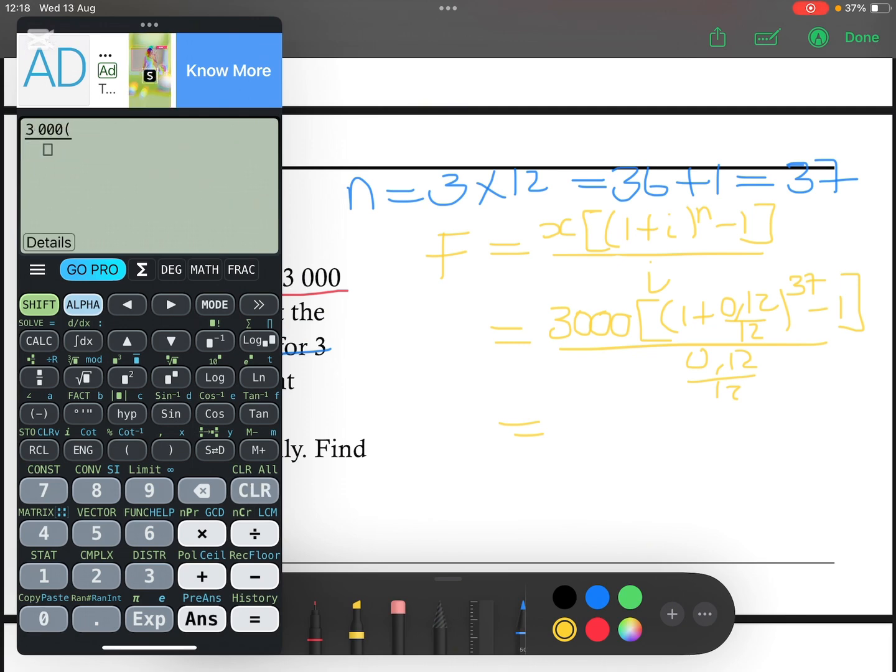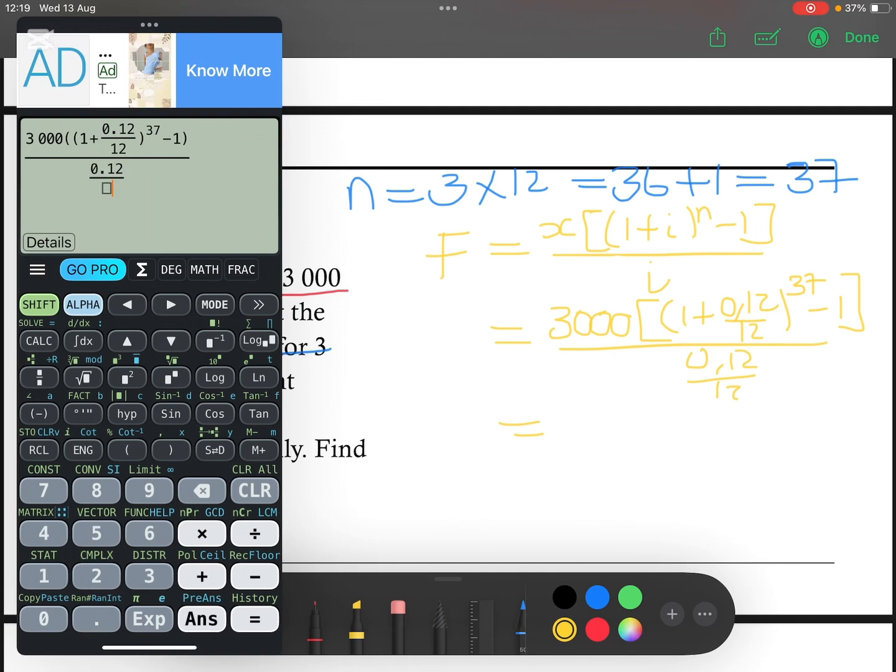And in this case, we have 3,000 into 1 plus 0.12 divided by 12, and then that will be to the power 37. That means that he will make 37 payments, right?